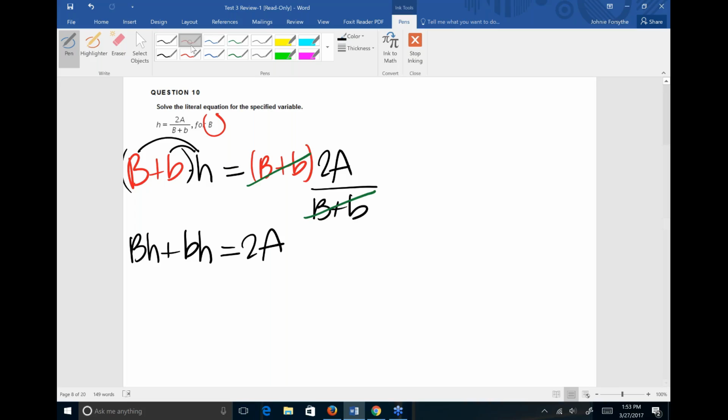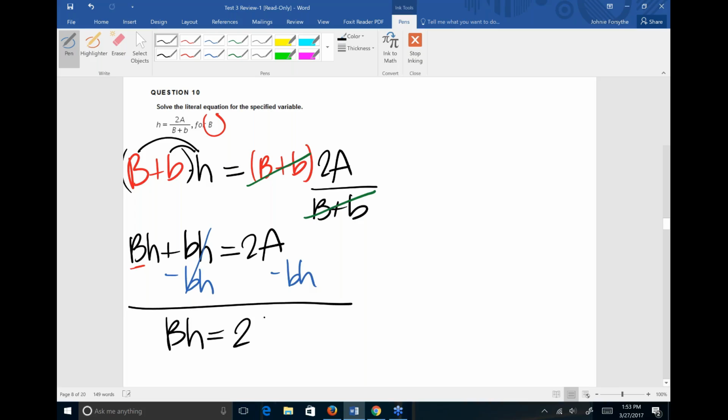I'm solving for big B, so let me move this plus bh to the other side, the small bh, minus bh, minus bh.